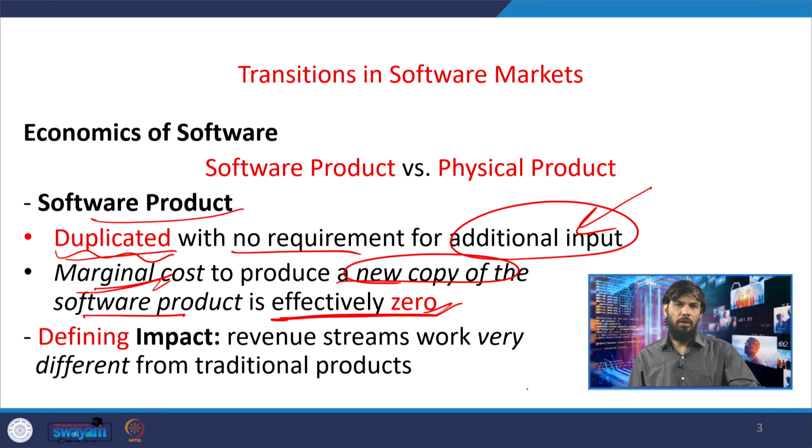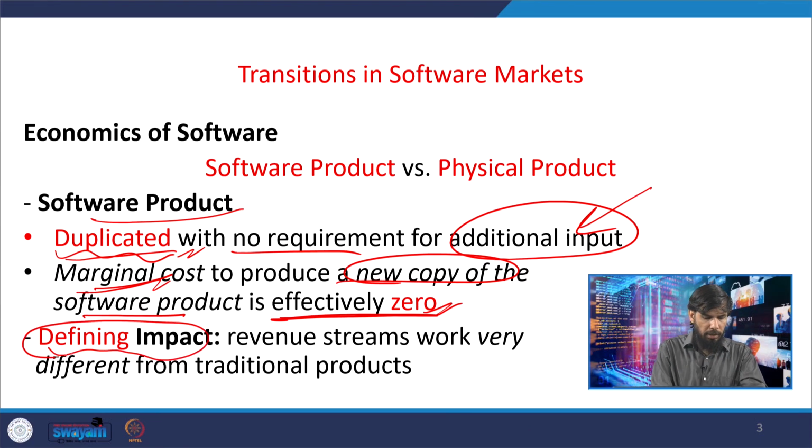Obviously, when we talk about a software program, essentially the instructions of the program would be written on a hardware, zeros and ones. Those things we have already spoken about, right. So, duplication is coming with almost no cost, right. So, this particular aspect, that there is no marginal cost, has a defining impact on the economics of software, right.